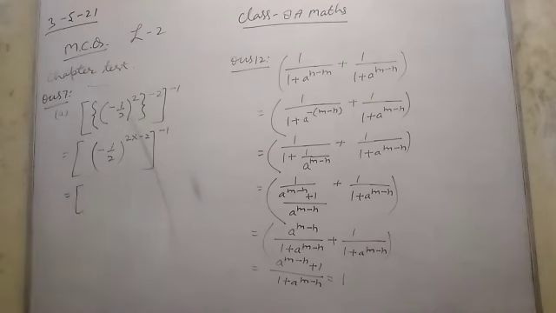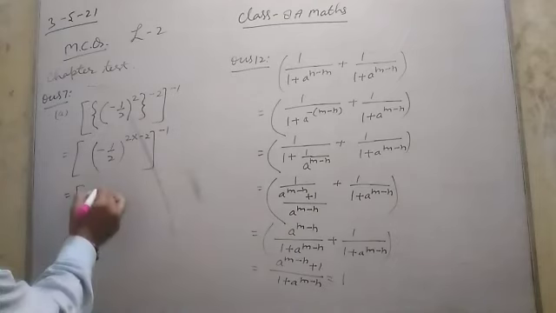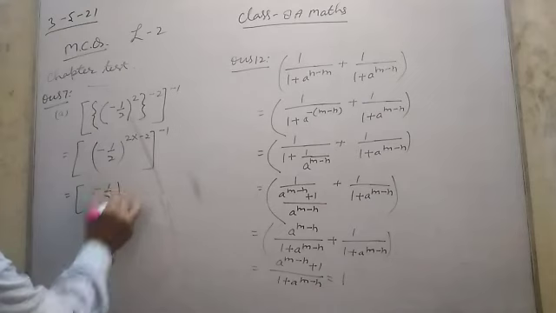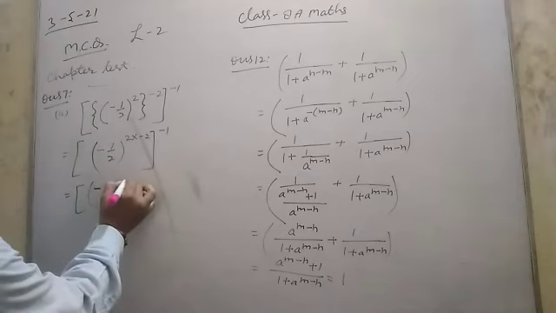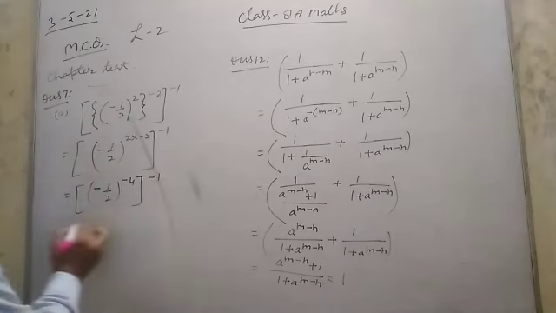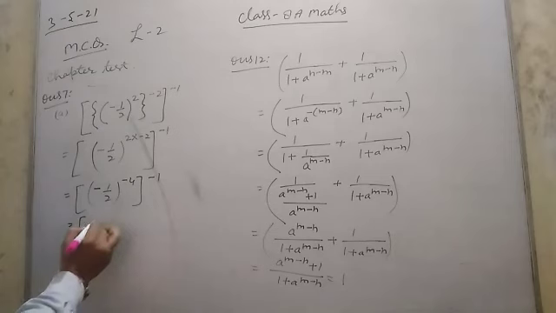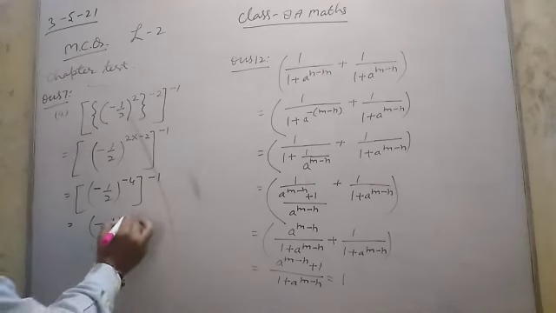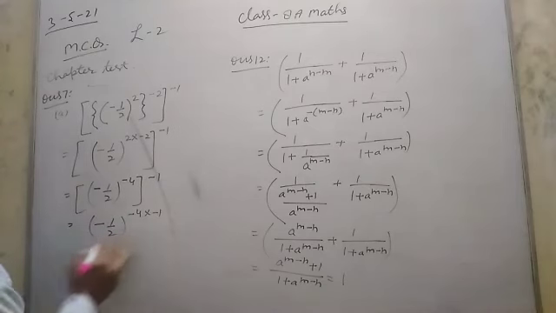So this will be minus 1 by 2 power minus 2. Then again the formula power to the power. So minus 1 by 2, power minus 4 into minus 1.